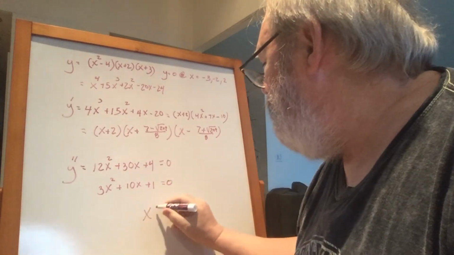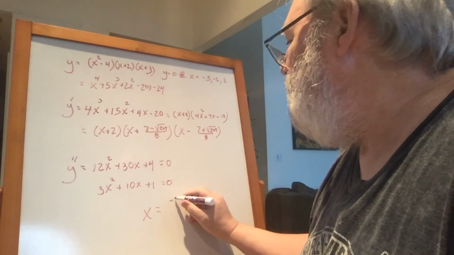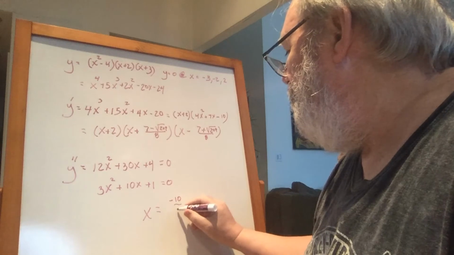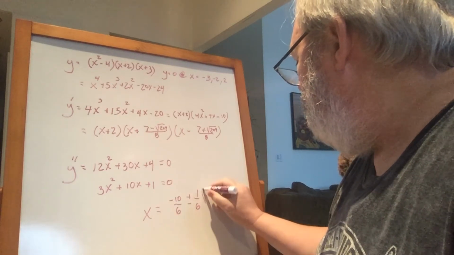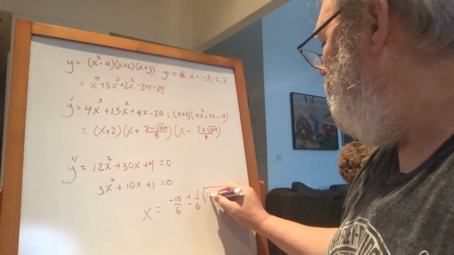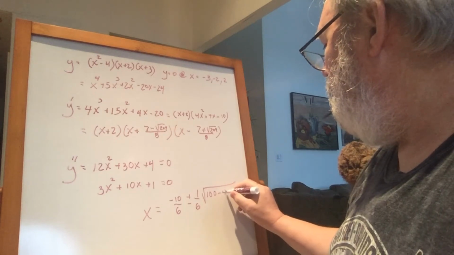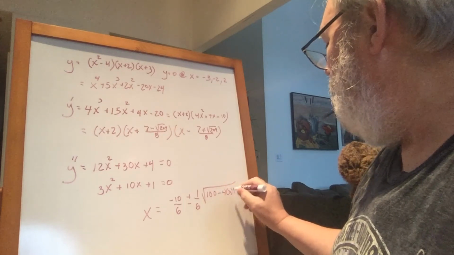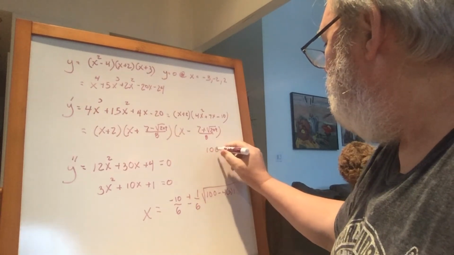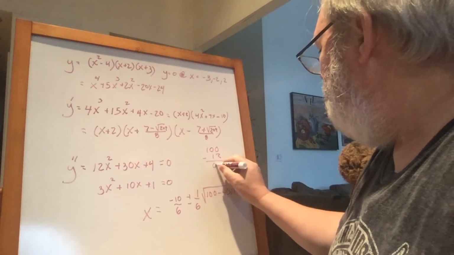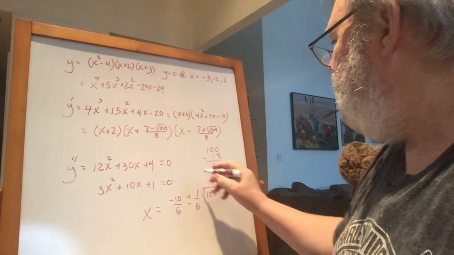And so x equals minus 10 over 6 plus or minus 1 over 6 square root of 100 minus 4ac, 4 times 3 times 1. So that's 100 minus 12, which is 88. So that's the square root of 88.